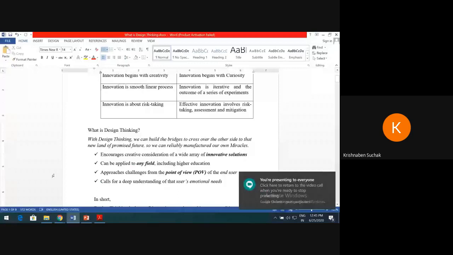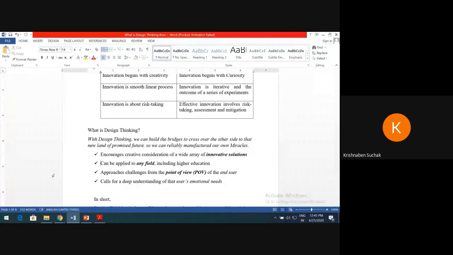It calls for a deep understanding of that user's emotional needs. That means it is not only related to technology, but for users' emotional needs, it also gives a new call, a deep understanding.